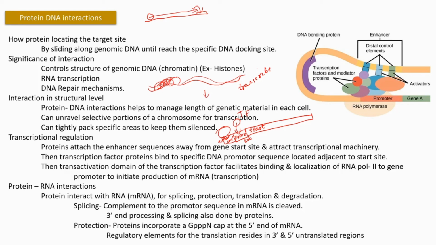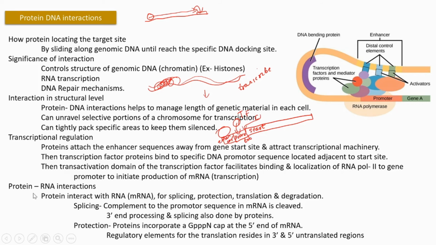As these bind to the promoter, these proteins have a certain domain. This domain activates some other proteins or enzymes to come and bind the start point and to initiate the transcription of that particular gene. That is transcription level regulation, mediated through several interactions of many different types of proteins.